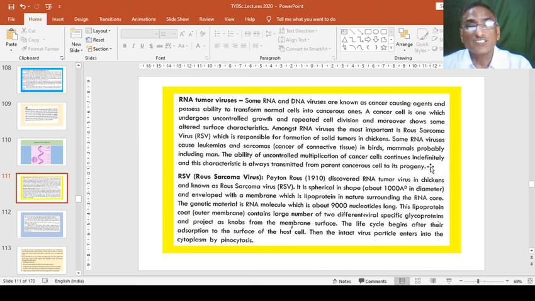Viruses are mostly causing different diseases or abnormalities among the cells or animals. Now the further structure, further types of RNA viruses or RNA structures will be studied later on. So till then we will stop here and conclude the lecture.